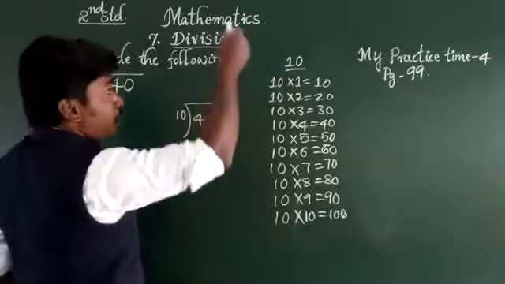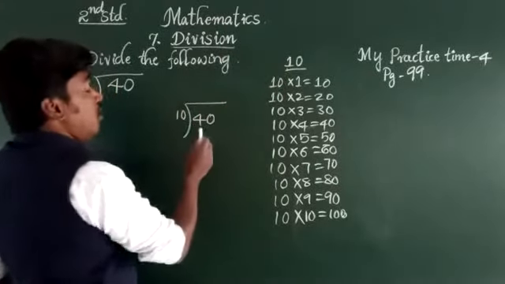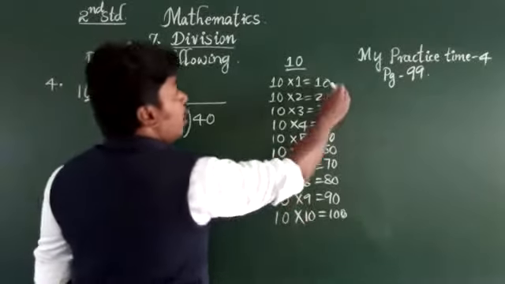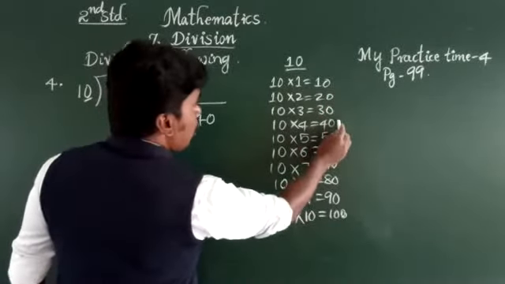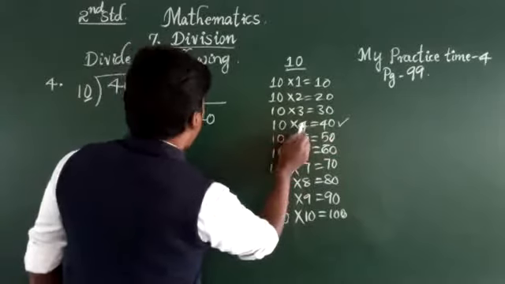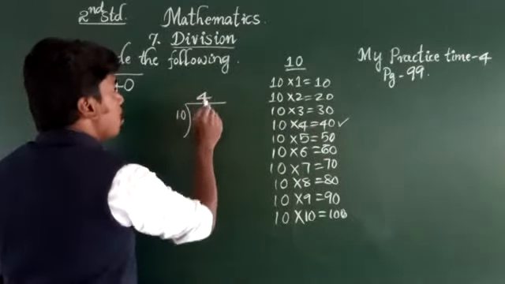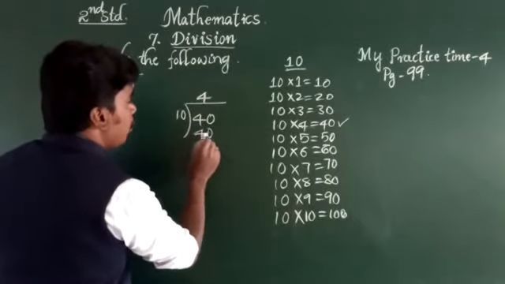So see the multiplication table of 10, where you will get 40 or less than 40. 10, 20, 30, 40 is here. 10 how many times? 10 fours. 10 fours are 40.